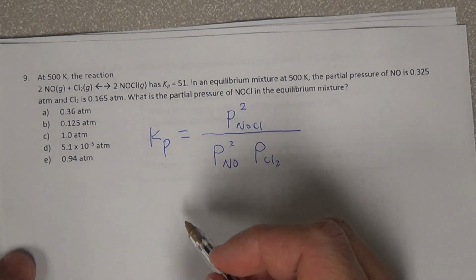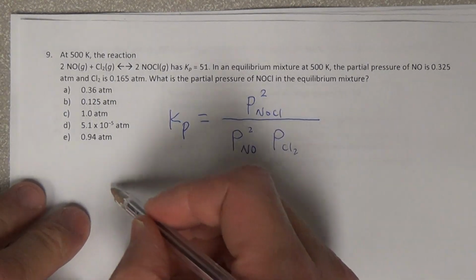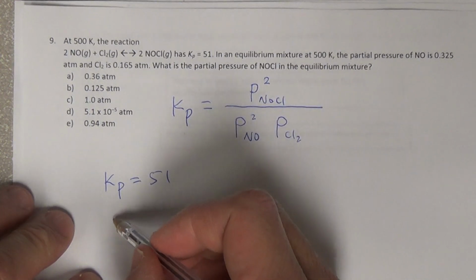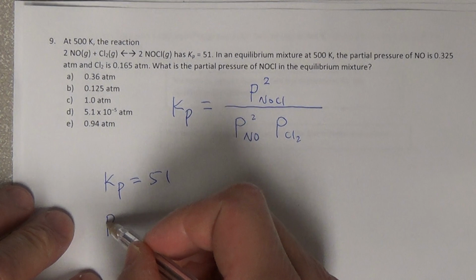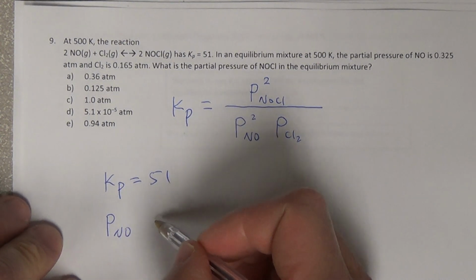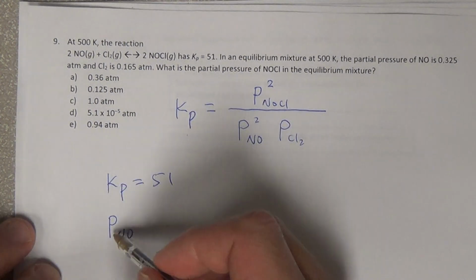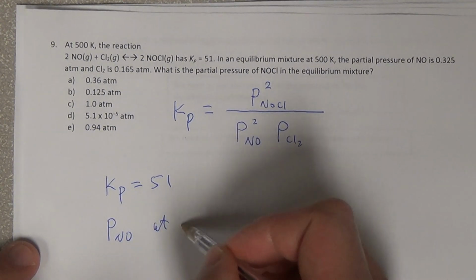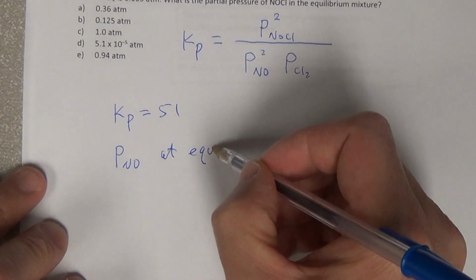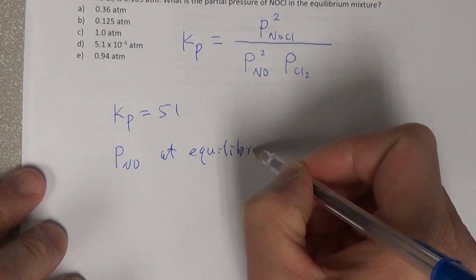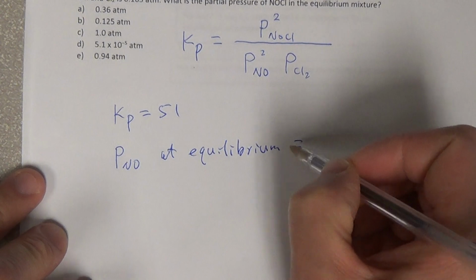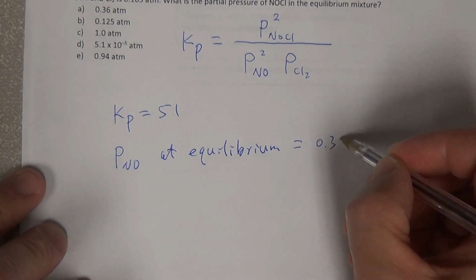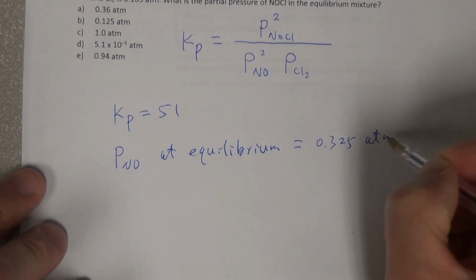Okay? So now you have, let's say you list out, so you have Kp given to you 51. And let's see the partial pressure of PNO at equilibrium equals 0.325 atm.